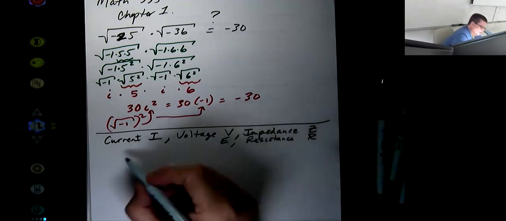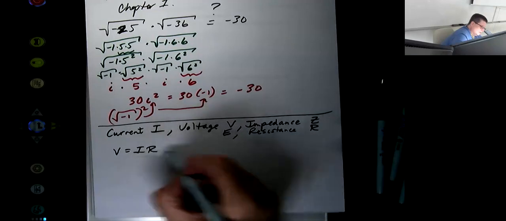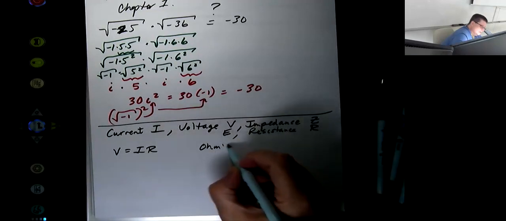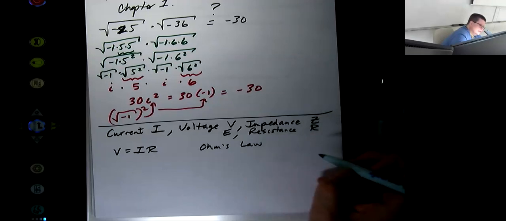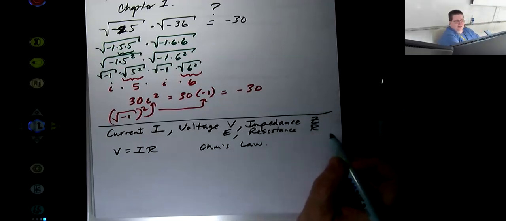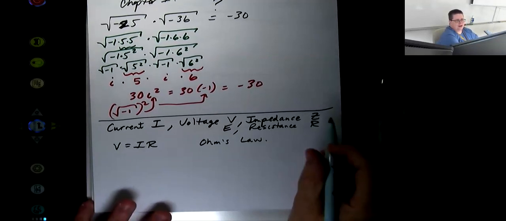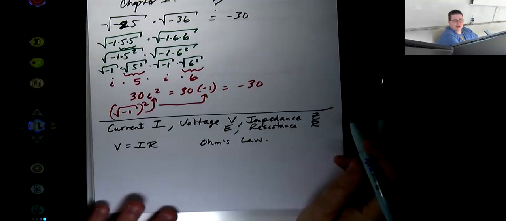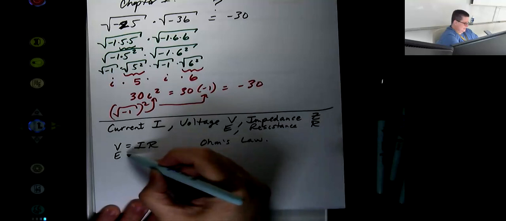In general, it's called Ohm's law. V equals IR. Voltage is related to the current times resistance, and in electrical engineering, it is often complex numbers. So they have E equals IZ.